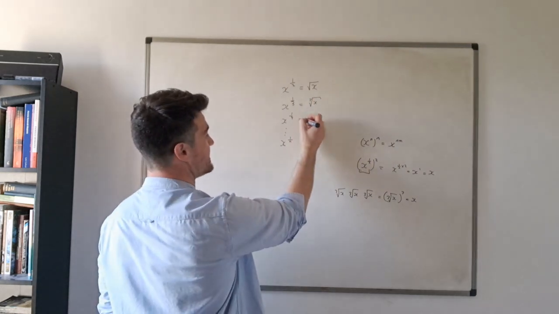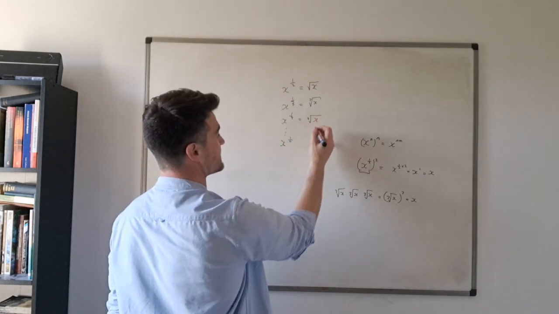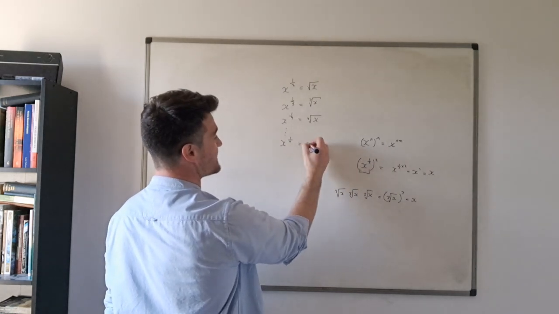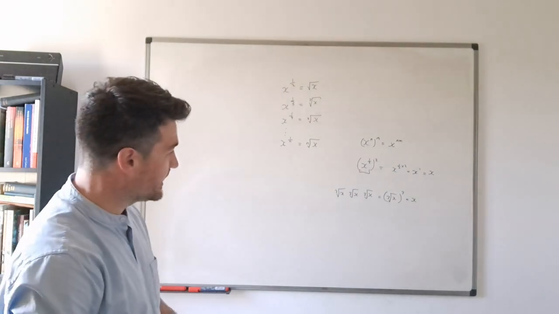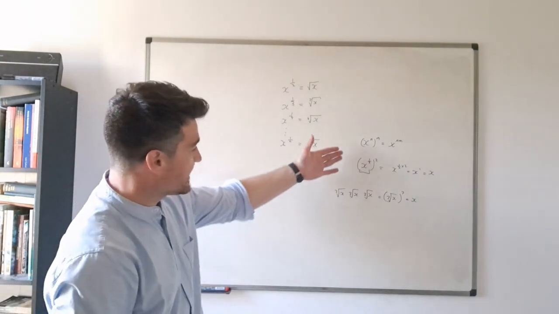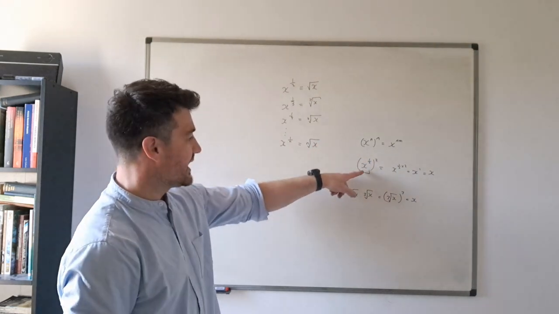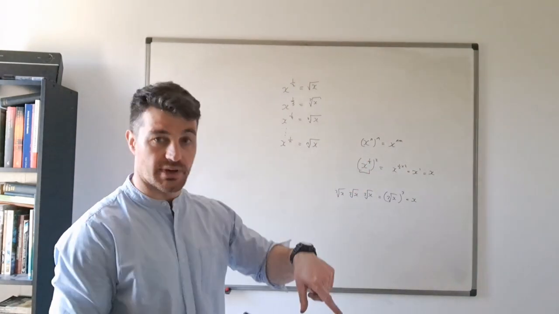Not difficult to see that it would make sense for me to define x to the power of a quarter as the fourth root of x. And similarly, x to the power of 1 over n as the nth root of x. Because then I get this behavior in each case. So I'd get x to the power of 1 over n, to the power of n, is equal to x.